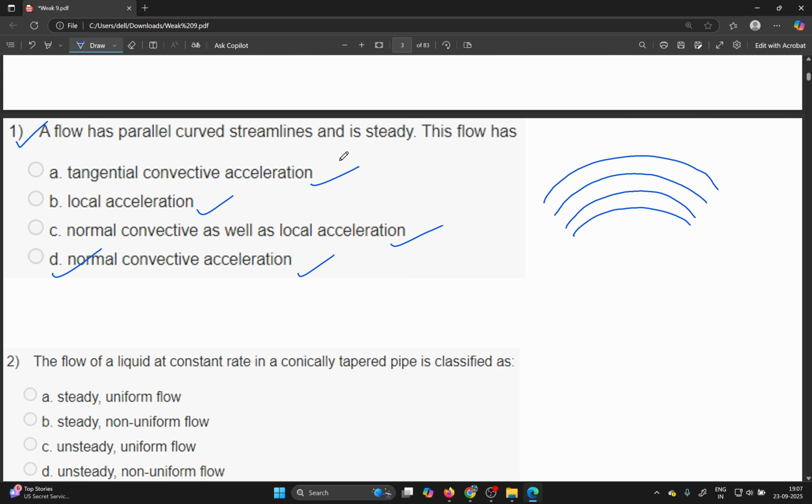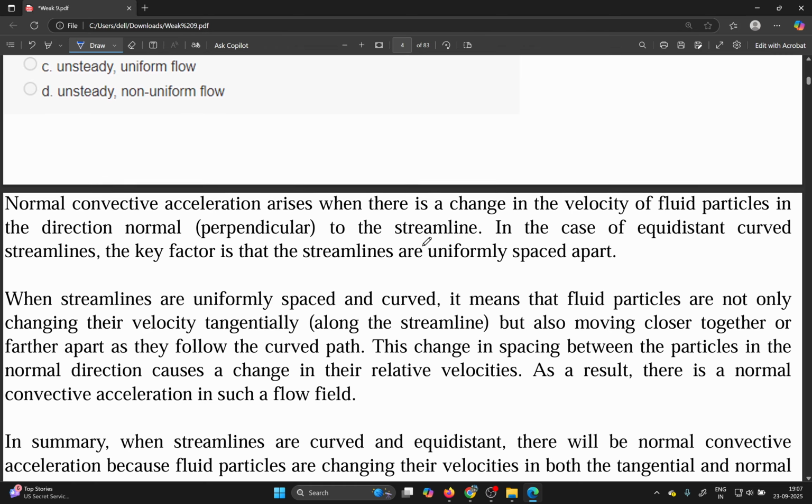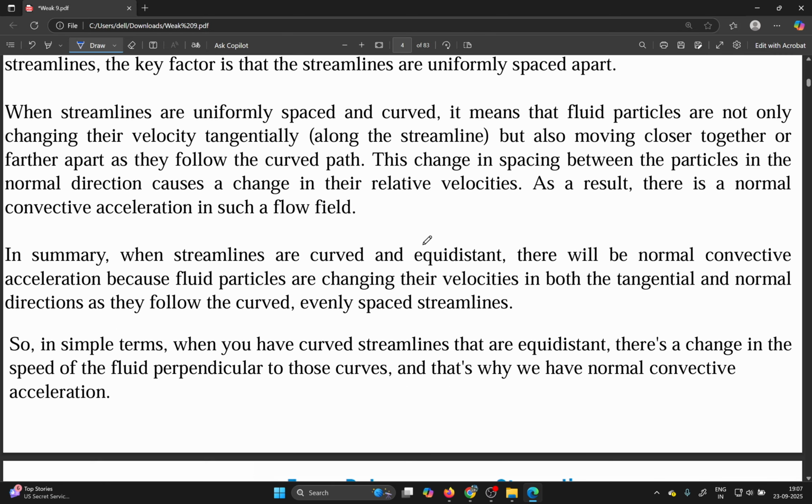The explanation is given here: when streamlines are curved and equidistant, only a normal convective acceleration exists because the fluid particles are changing their velocities in both the tangential and normal direction as they flow along the curve, even with evenly spaced streamlines. So remember please.